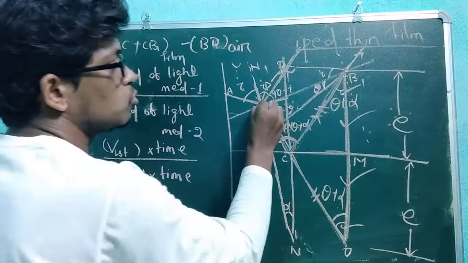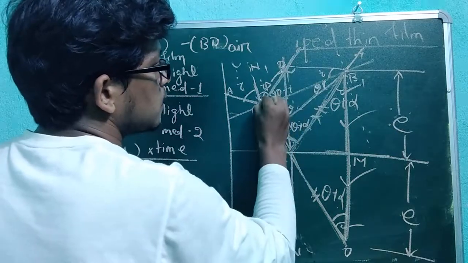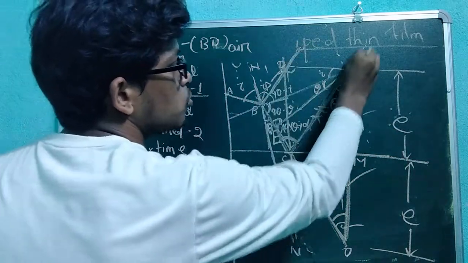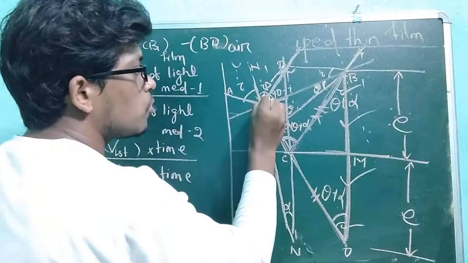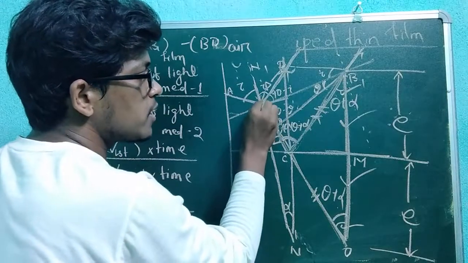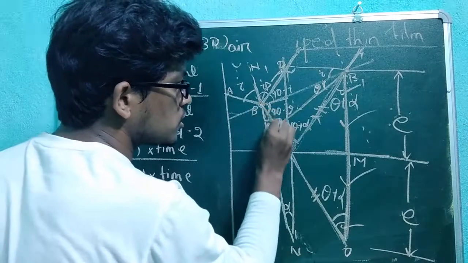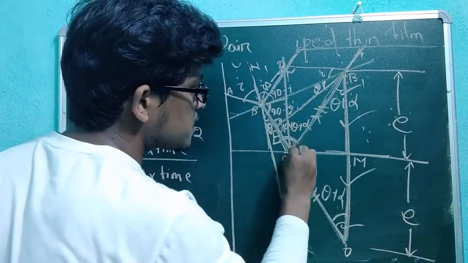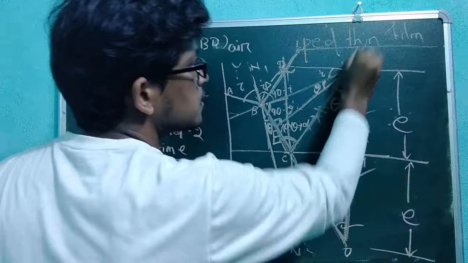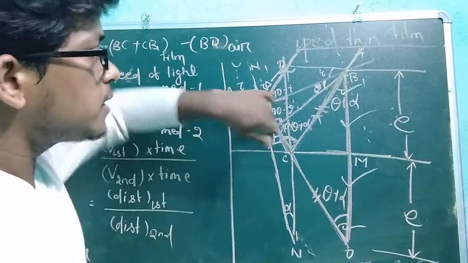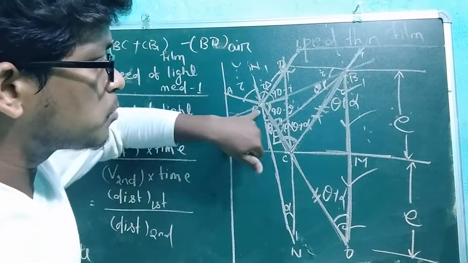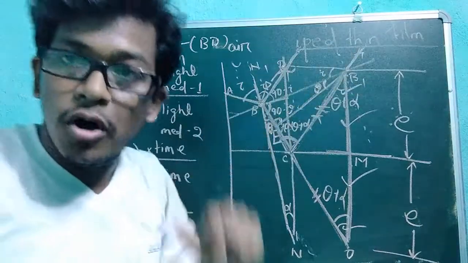Now these are the two boys. This is boy one and this is boy two. From this point, this boy is going this way, but the other boy is going this way, coming BC, then CB dash, then going on. That means when this boy is covering this path, the other boy needs to cover this much longer distance.